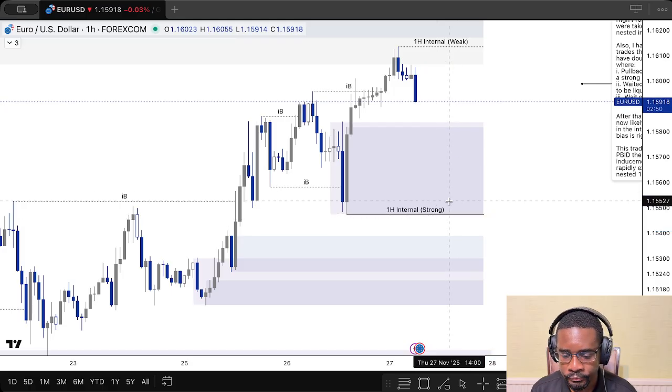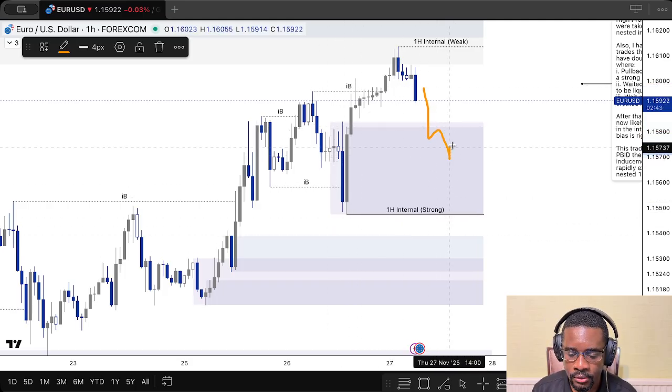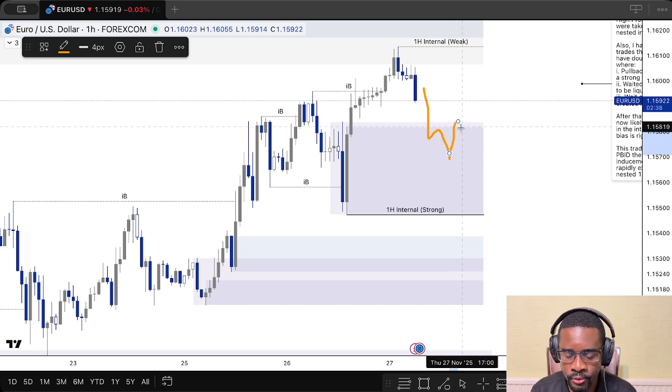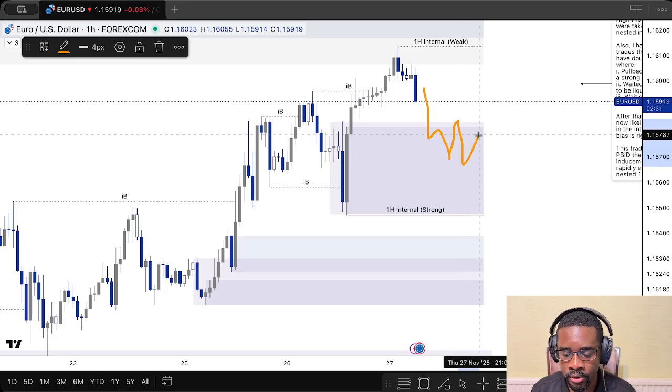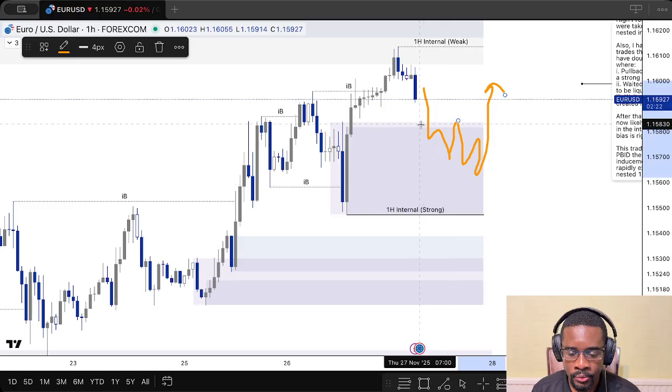But as it stands, the expectation right now is that price will mitigate this, and because order flow is still bullish, we're looking for a strong low to be formed, and then that strong low is run, then price looks like it's going in our direction, and then runs that new low before price finally goes. Okay, so this could mean that there could be deeper mitigation of this zone.